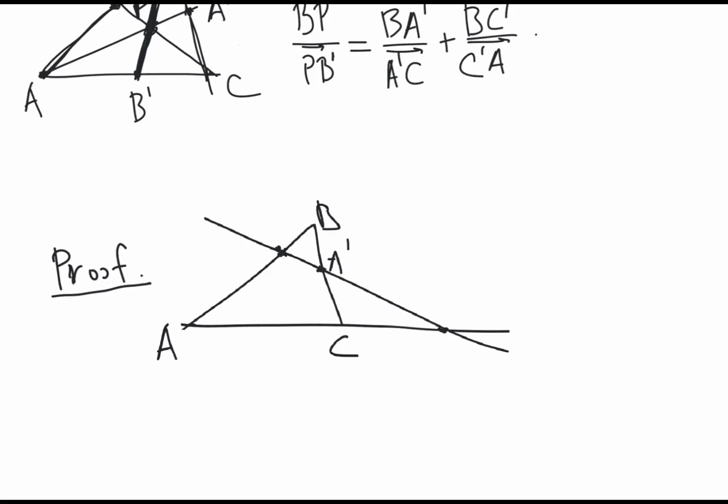Instead of, like in Ceva's theorem, the segments connecting the vertices to these points intersecting at some point, here we have these 3 points simply lying on the same line, like they're collinear.